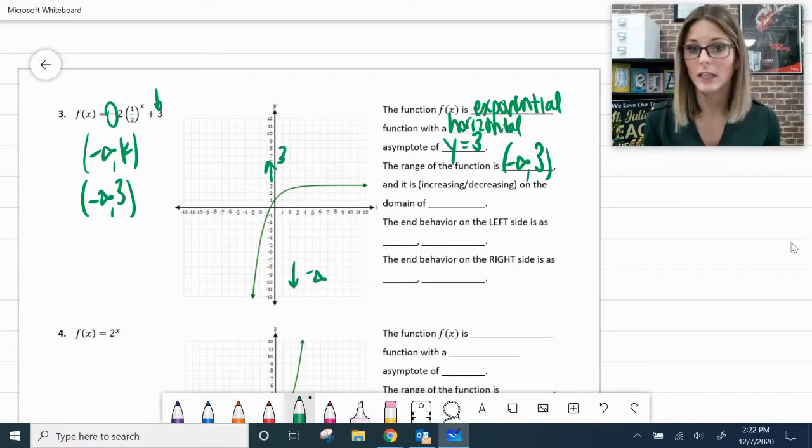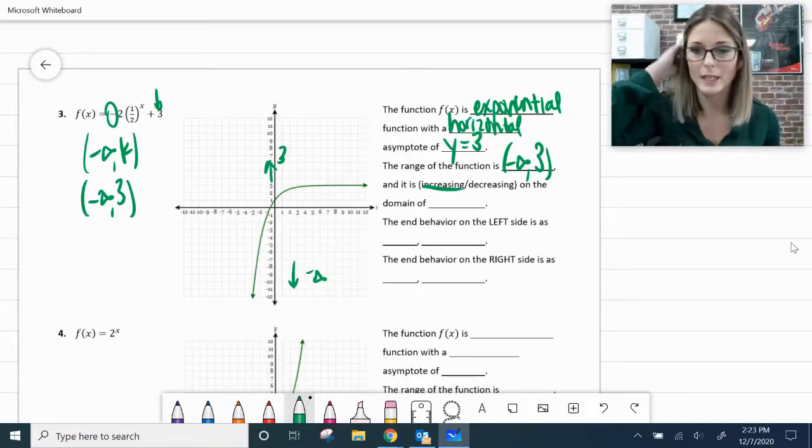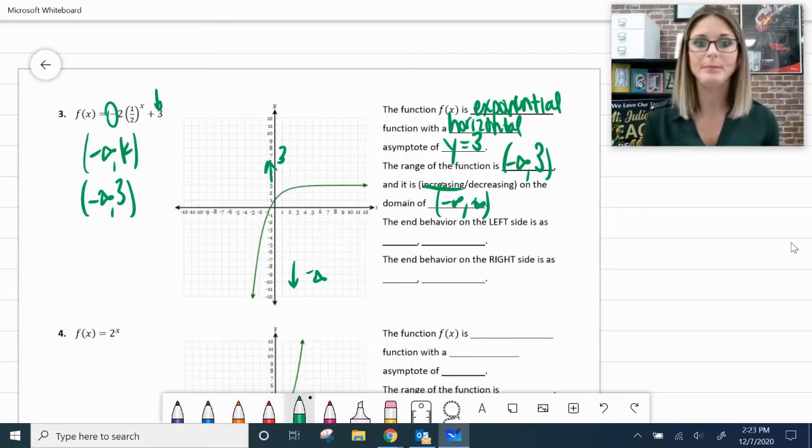It is increasing from left to right, it is going up. It is hitting this invisible asymptote, but it is still getting closer and closer, on the domain of all real numbers. It's going to go all the way left and all the way right.